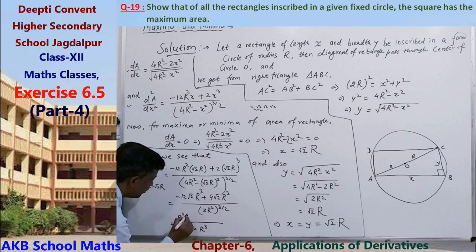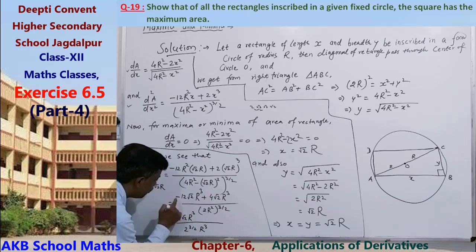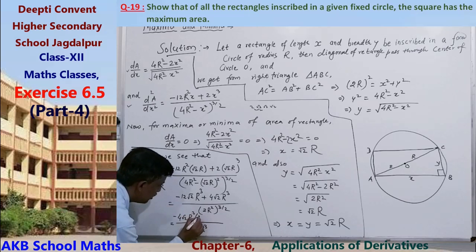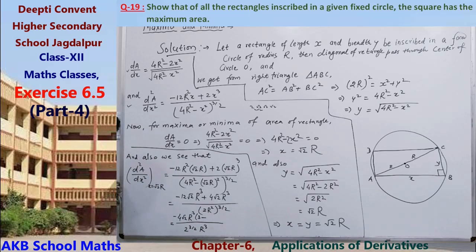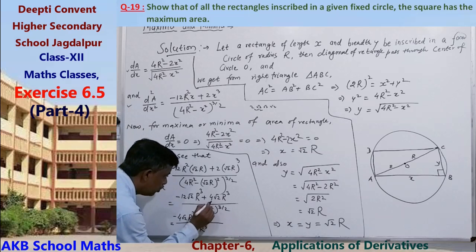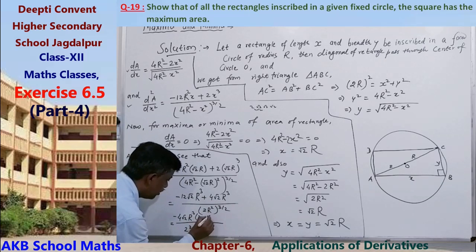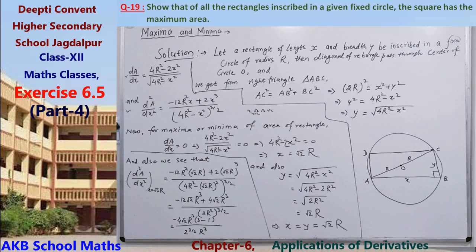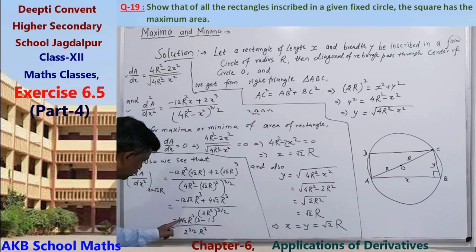Also in numerator r cube common, 4 root 2 common. 4 root 2 r cube common. So here we get 3 minus 1, 4 root 2 r cube common. So minus 4 root 2 r cube, 3 minus 1. Okay, common out.